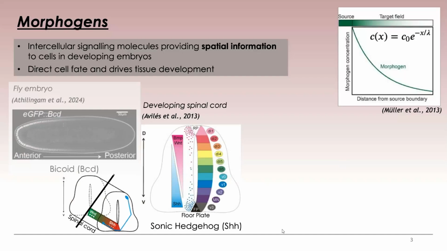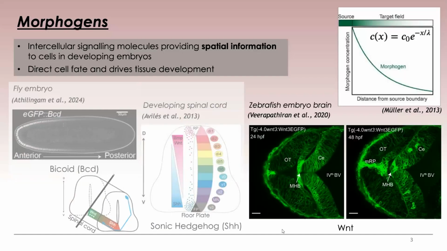And finally, related to this project is the Wnt morphogen that is involved in neurogenesis of the zebrafish embryo, which is the development of the brain. And the concentration of Wnt is indicated by the intensity of this green color. The reason that we can see it fluorescing in green is because in our experiment we have fused the gene that makes Wnt3 with a gene that produces green fluorescent protein, or GFP for short, which is a naturally fluorescent molecule.